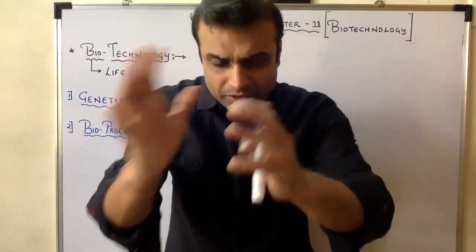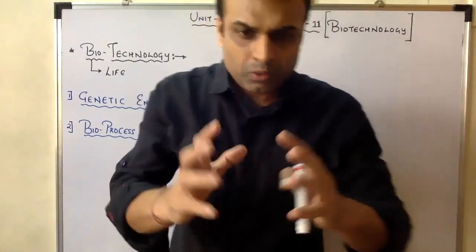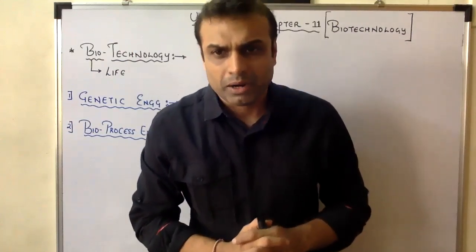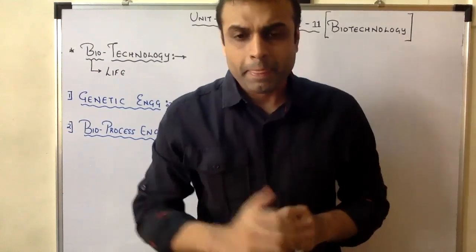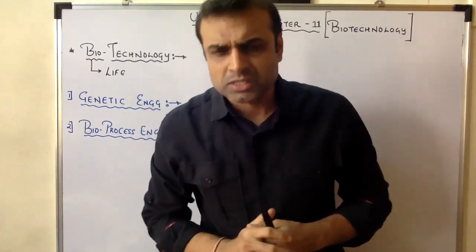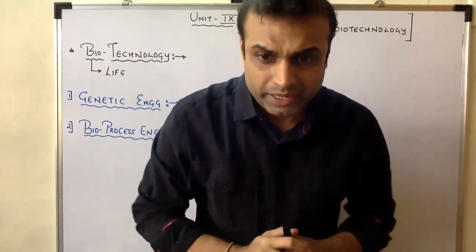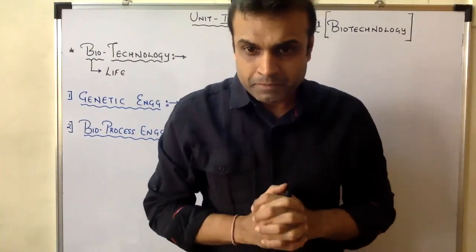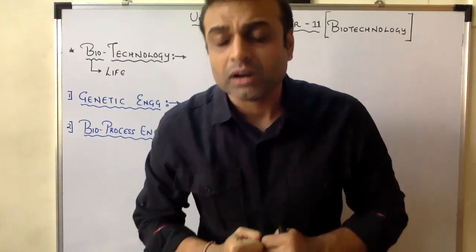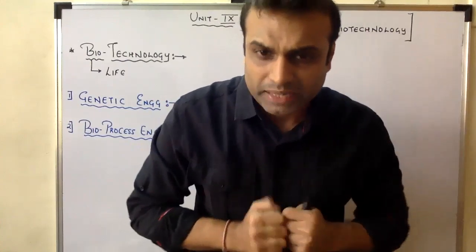Now I'll give you one more example. Kids, you must have heard about an antibiotic called penicillin. This penicillin is a very, very powerful antibiotic. That is, this chemical kills bacteria, and it is obtained from a particular fungus called Penicillium notatum.